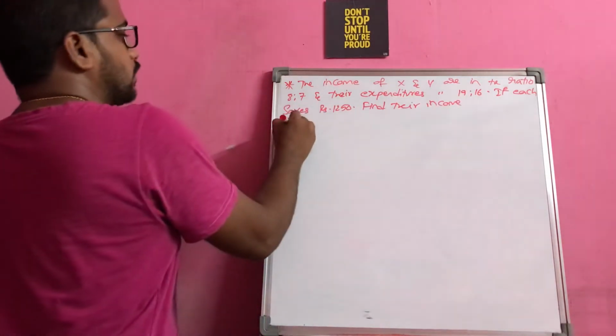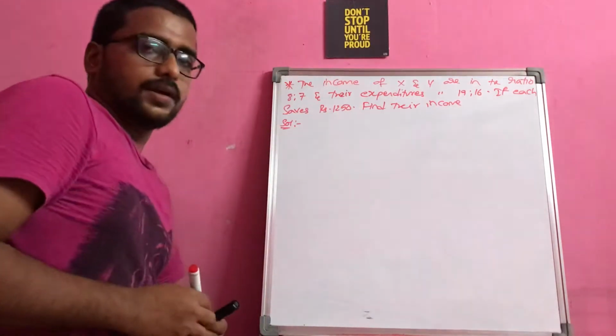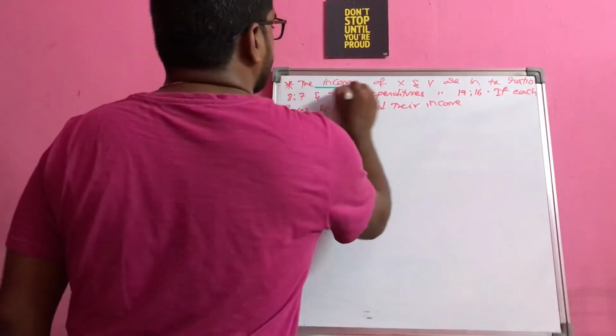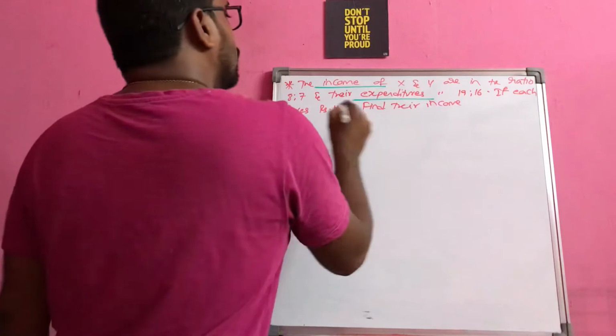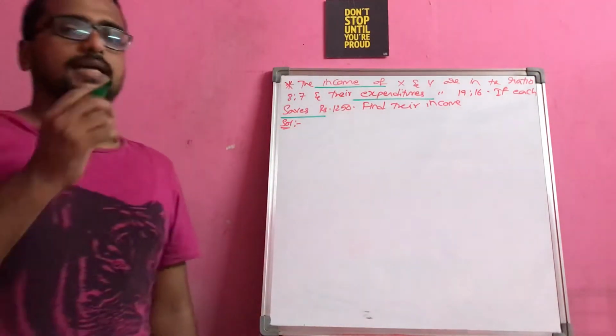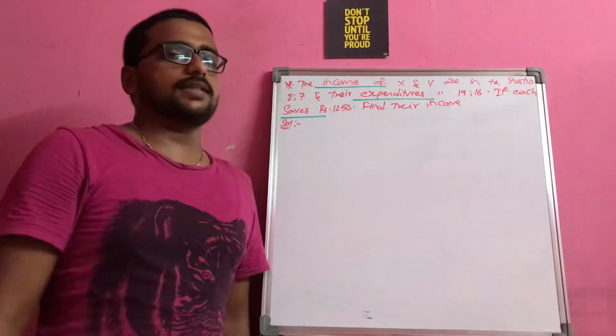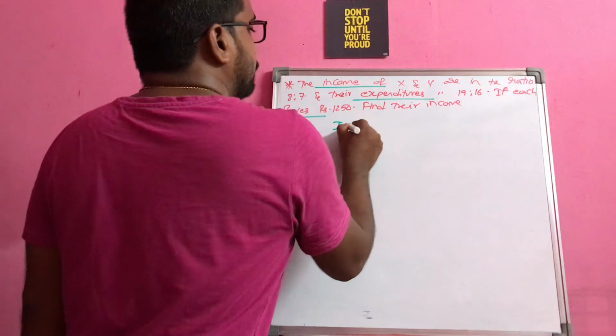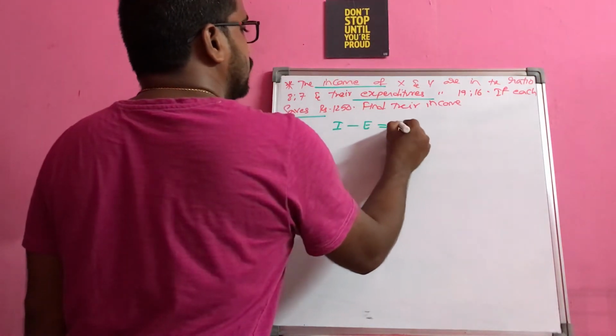So let us see first how to understand the question. They have given the incomes ratio, and there is also expenditure and savings. So first we should know how these three are related, and then accordingly we have to take the ratio. So remember, income minus expenditure is equal to savings.